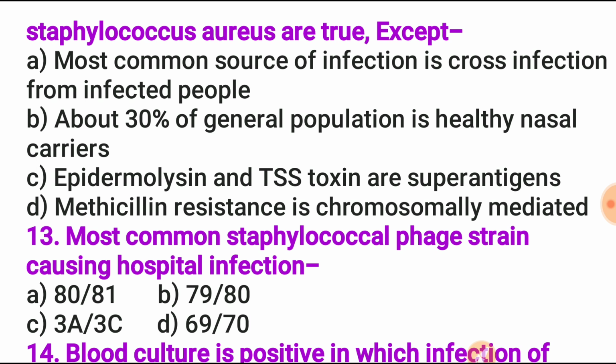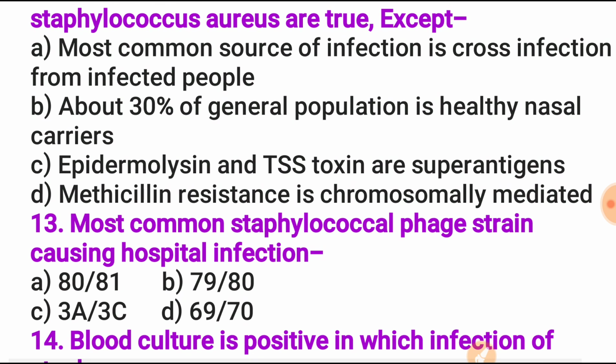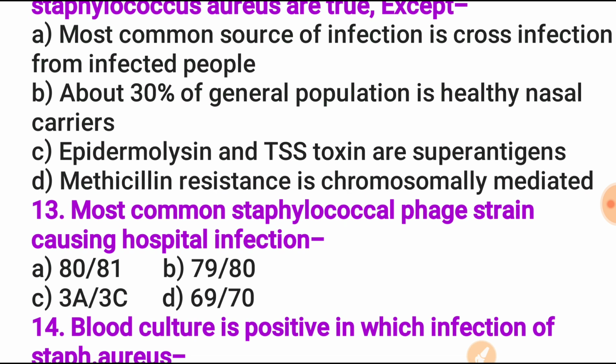Next, hospital infection or nosocomial infection: hospital strains are also known as nosocomial strains, which transmit staphylococci by the hands of hospital personnel, transferring the strain from one patient to another patient.